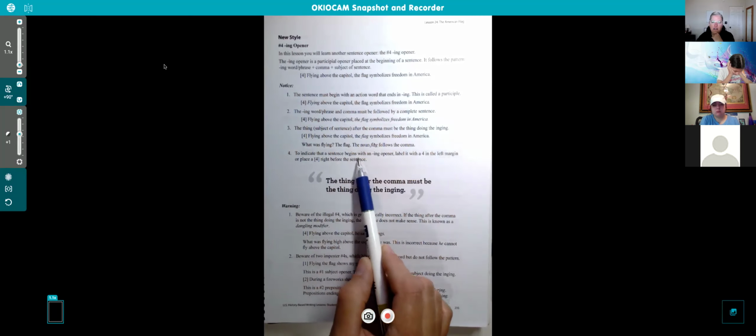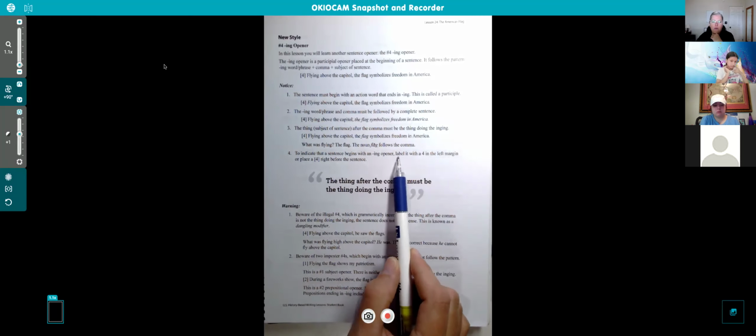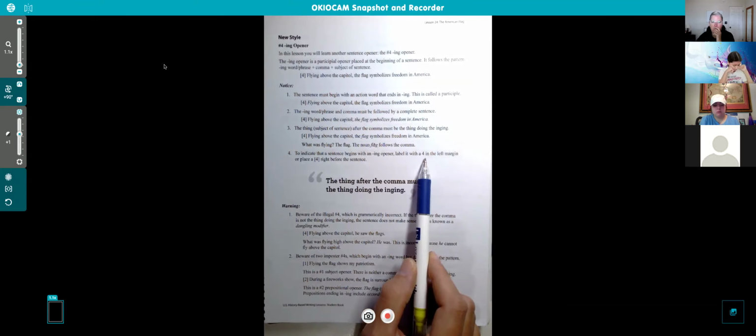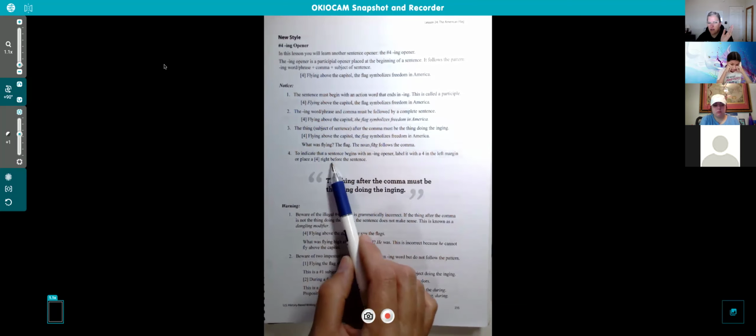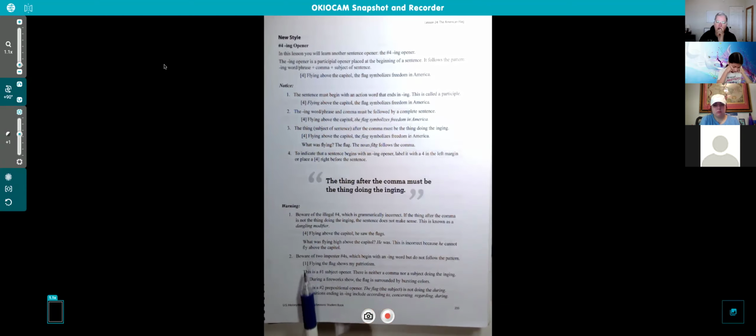To indicate that a sentence begins with an ing opener, label it with a 4 right before the sentence. That's how I like it. Okay. And then they give you a couple warnings down here because there are what they call illegal number 4 openers that are grammatically incorrect, like this one. Flying above the capital, he saw the flags.